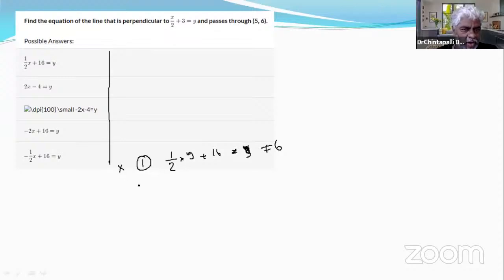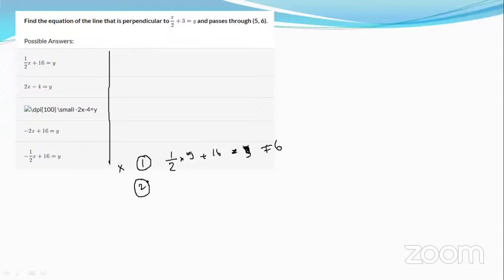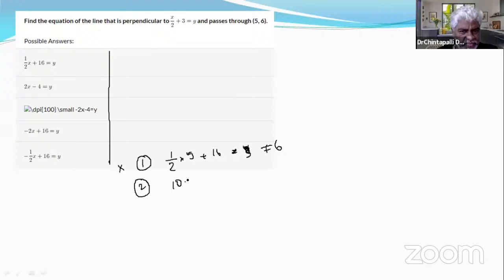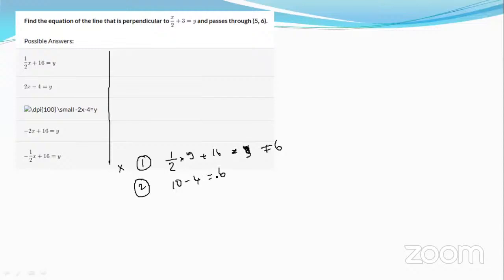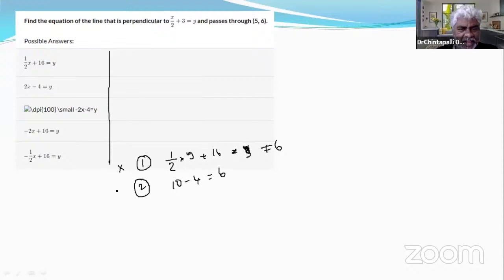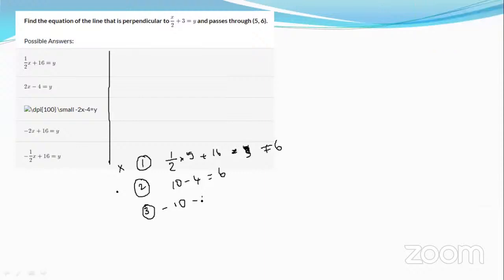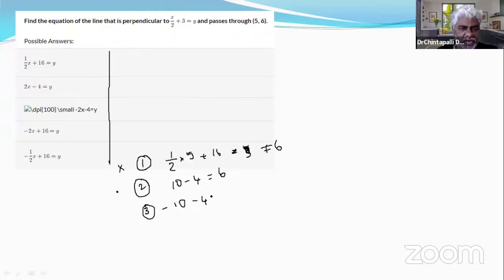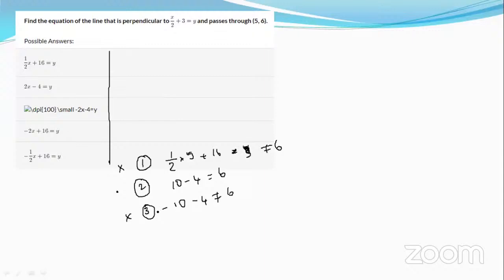Option 2? 10 minus 4 is equal to 6. That means option 2 may be correct, but we are not sure. Option 3? Negative 10 minus 4 is not equal to 6, so definitely option 3 is wrong.